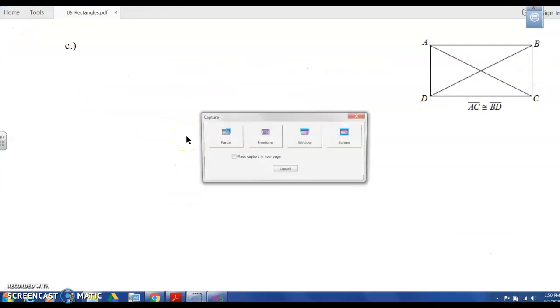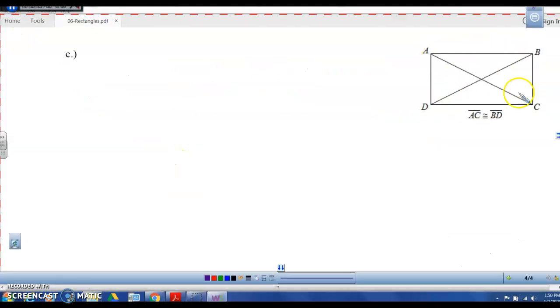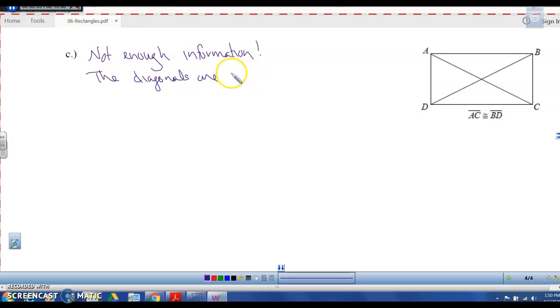Okay, so our last one here, we have our diagram ABCD, where AC and BD are congruent. So that means the diagonals are congruent. Is this a rectangle? Actually, there's not enough information. What we do know is the diagonals are congruent, but what don't we know?